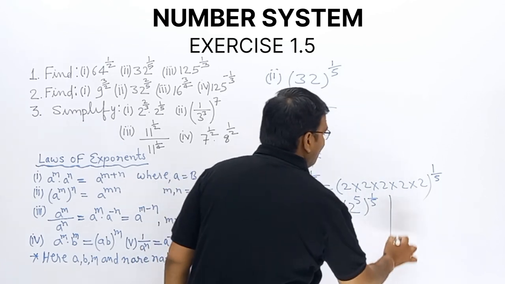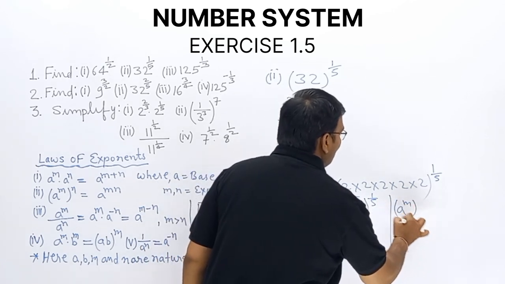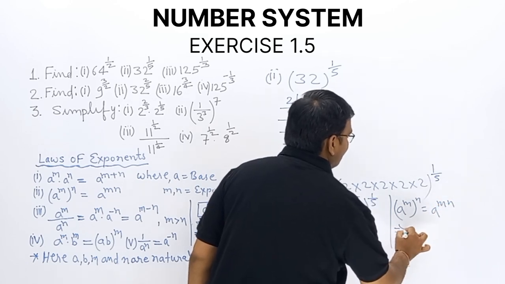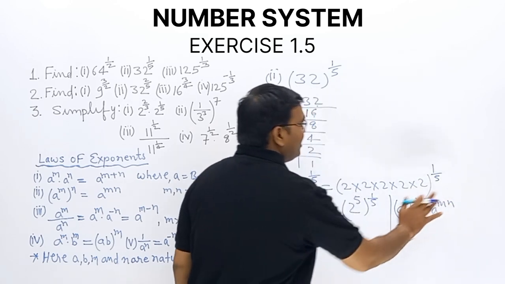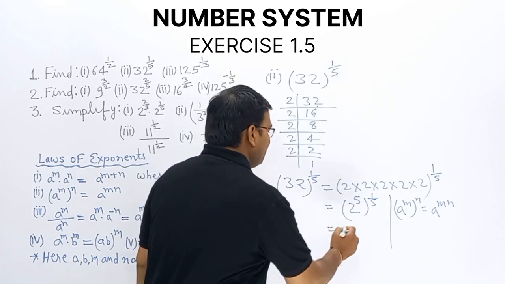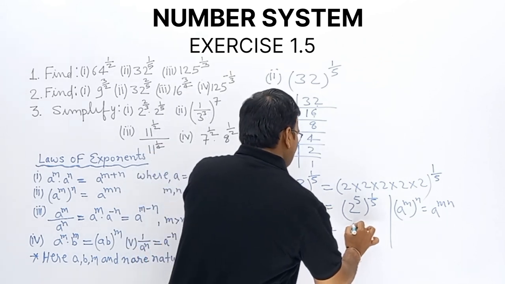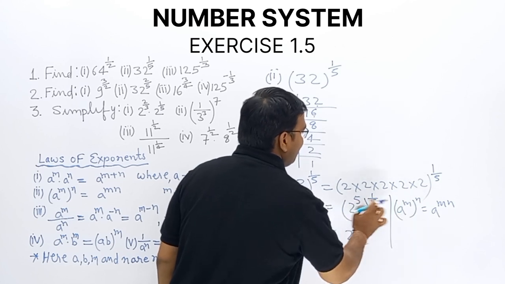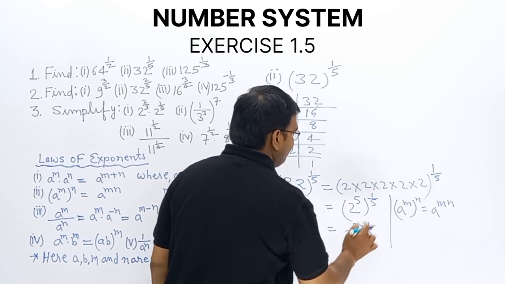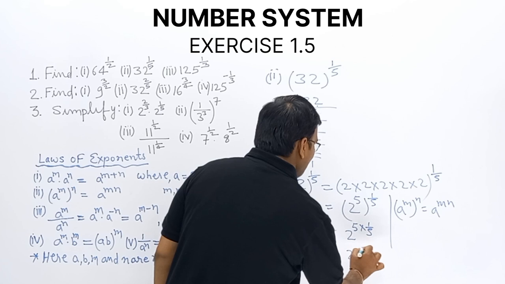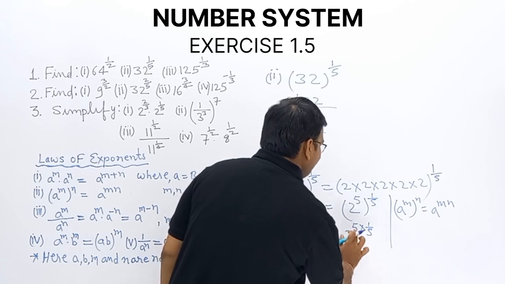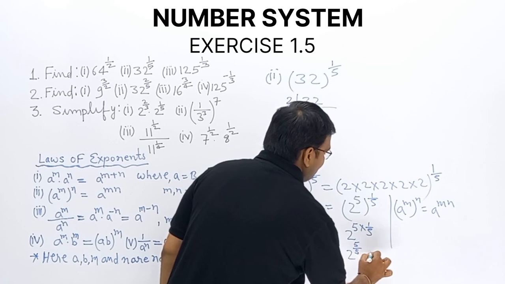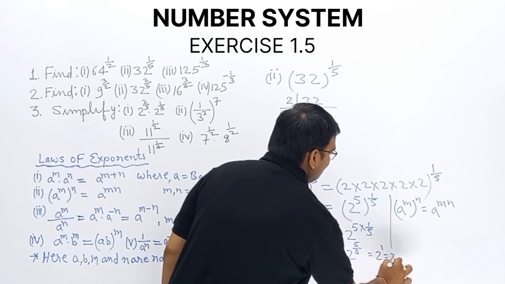Now apply the formula, a power m whole power n is a power mn. The same formula we will apply there: 2 power 5 into 1 upon 5. A is 2, m is 5, n is 1 upon 5. Do the multiplication: 2 power 5 into 1 upon 5, the 5 and denominator 5 cancel. So this will be 2 power 1, equal to 2.